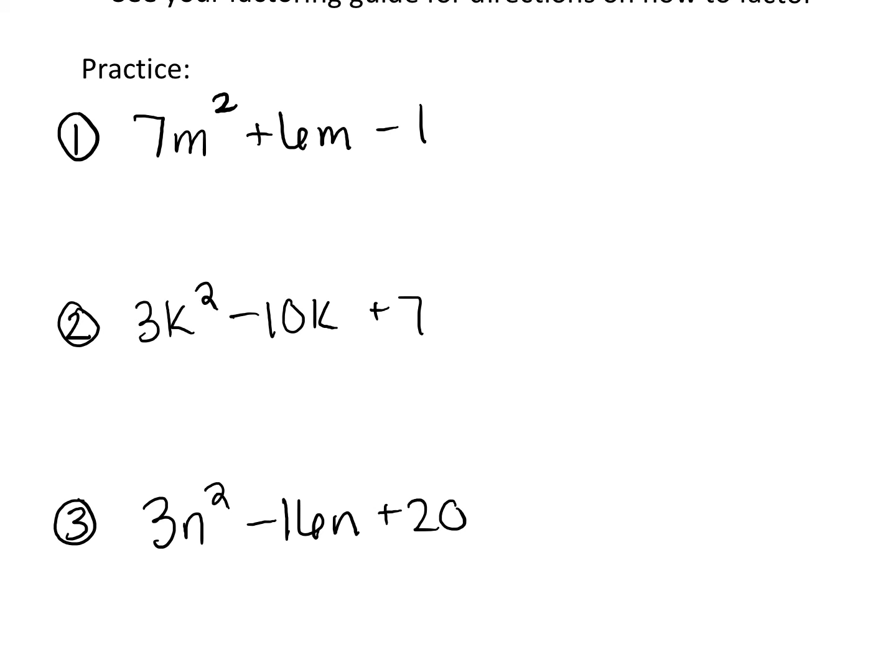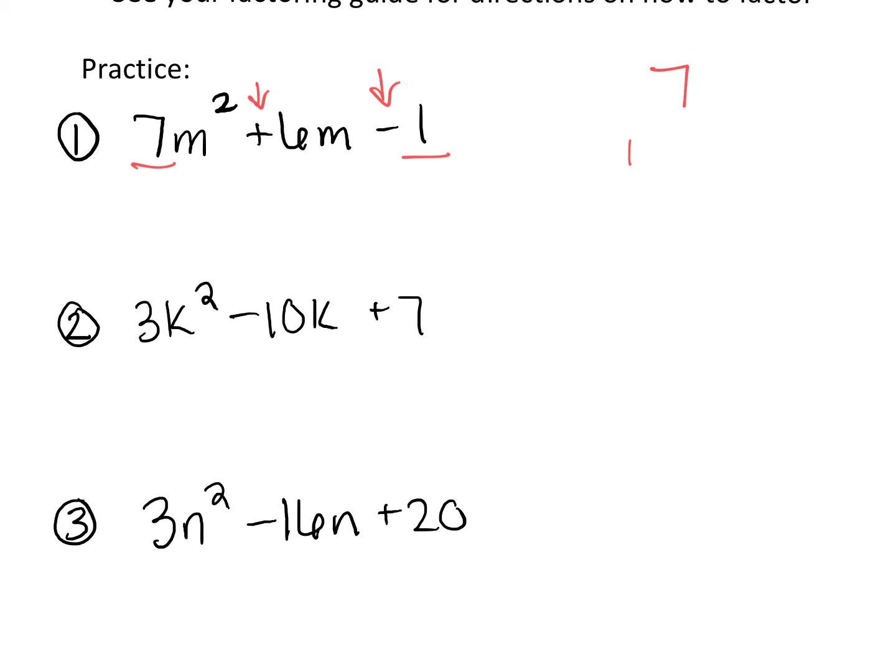Okay, so remember, step 1 really is to look for the greatest common factor. So 7, 6, and 1, there's nothing we can divide there. So then we multiply 7 and 1, which is 7. Since this is negative and this is positive, we need one of each sign.